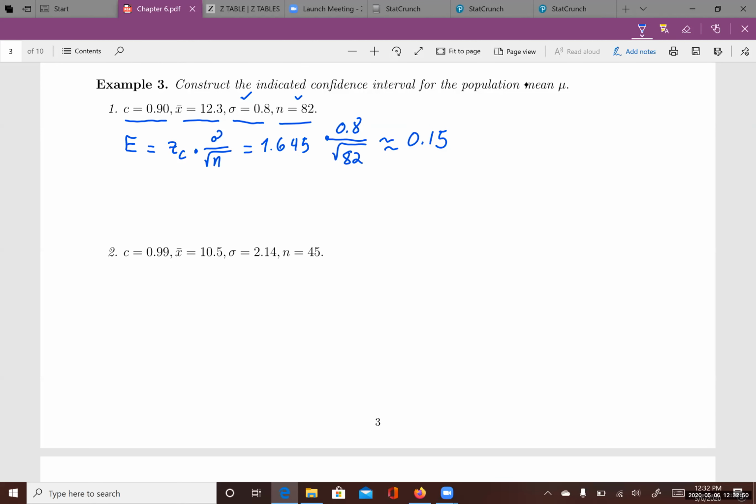And then the confidence interval for C equals 0.9 is going to be x bar minus E, where x bar is 12.3 minus E, 0.15, and 12.3 plus 0.15.